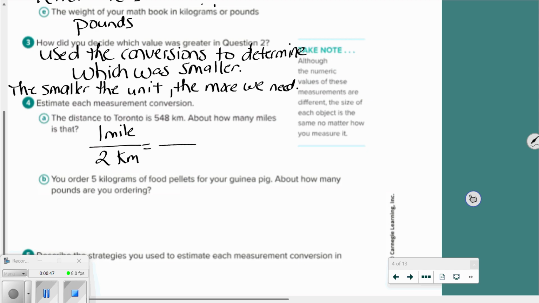And what do I know from my problem? 548 kilometers. So what would I multiply by to get there? 2 times. Figure it out. 2 times what is 548? Noah?